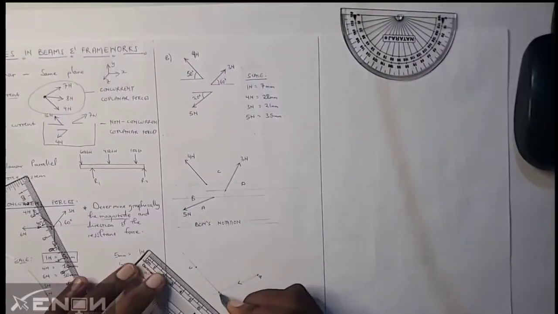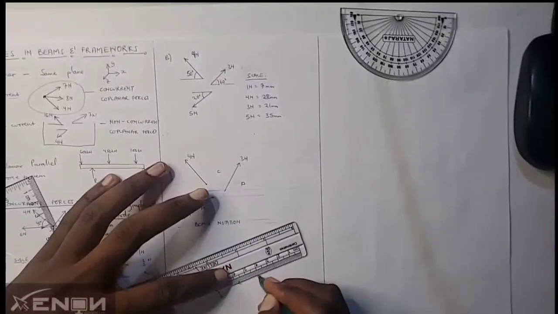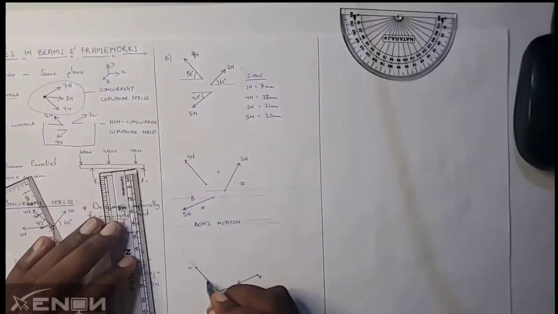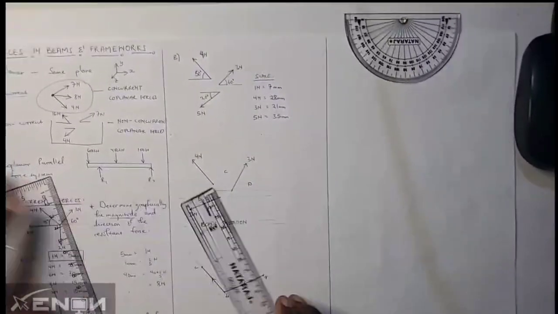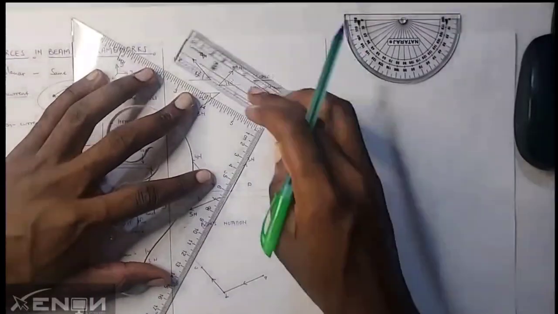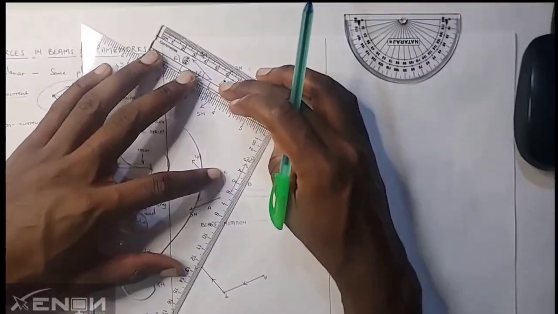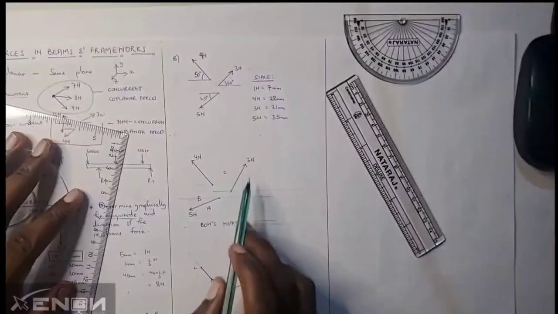So this is C. BC, and finally CD. So slide CD. Then CD is 3 newtons. 3 newtons became 21.